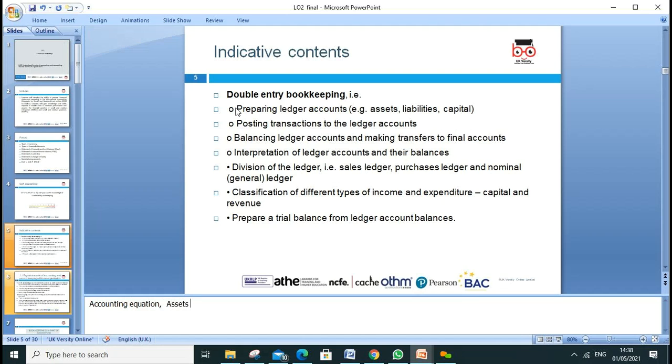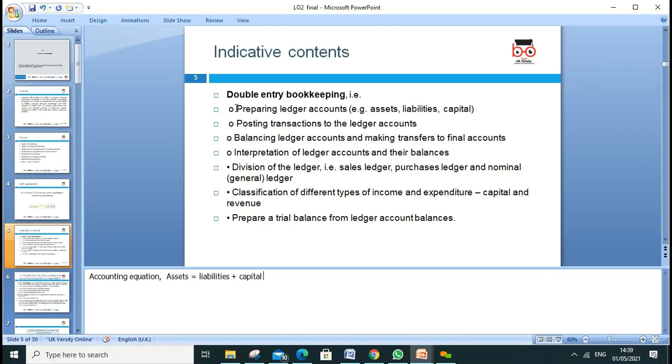Assets equal liabilities plus capital. If you do it the other way, assets minus liabilities is equal to net assets, and the net asset figure is always equal to capital.